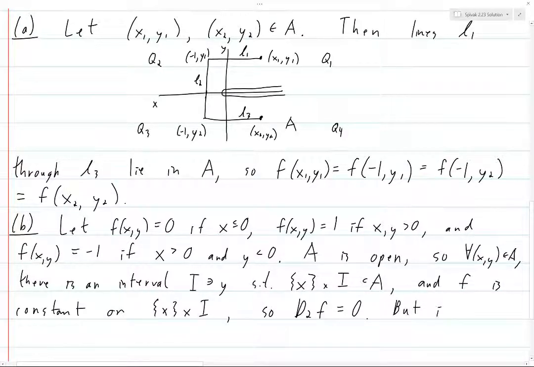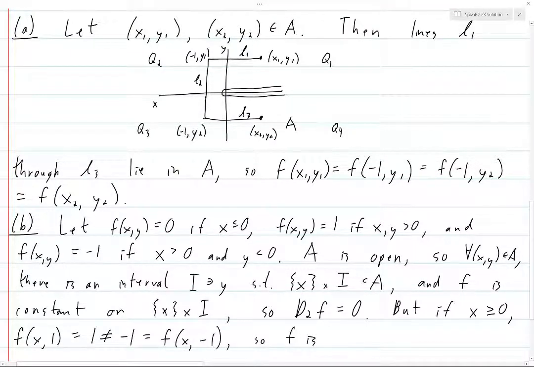But if x is greater than or equal to 0, if we take f of x comma 1, that's going to be 1, and that's not minus 1, and minus 1 is f of x comma minus 1.